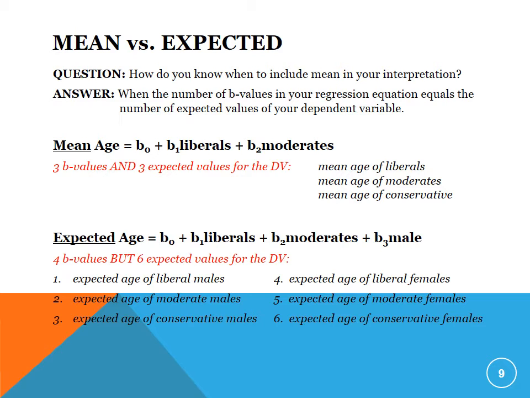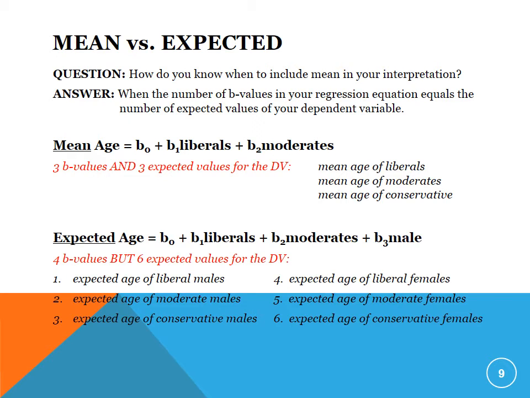Now this is not going to make or break anything, right? But it's just a matter of, this is when you say mean, and this is when you say expected. A lot of times the only time you would really have to stumble on that is when you have a dummy variable or categorical variables that allow you to count.